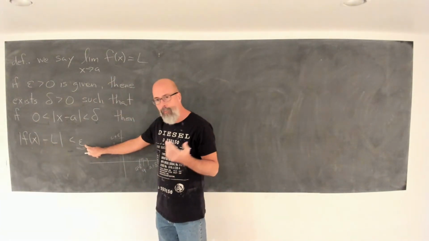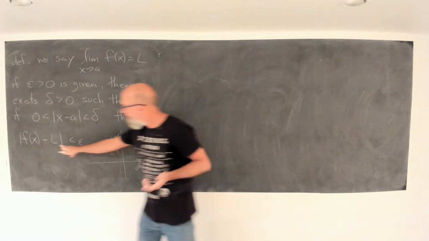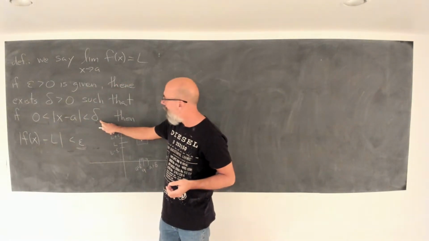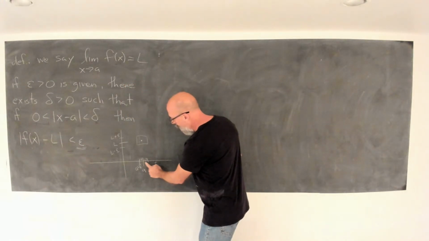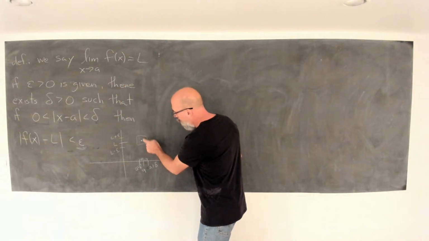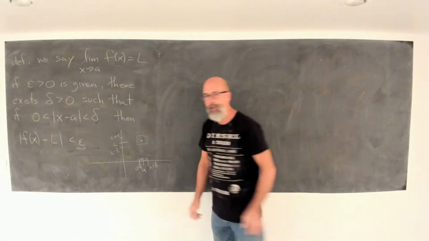So the epsilon represents the arbitrarily close to L thing, whereas delta is the sufficiently close. If you're close enough to a, your function is going to be as close as you want it to L.